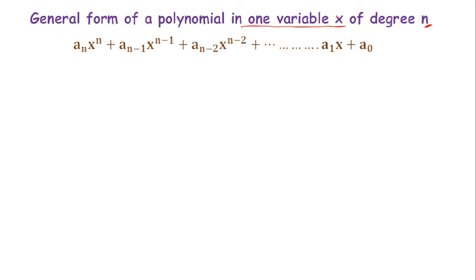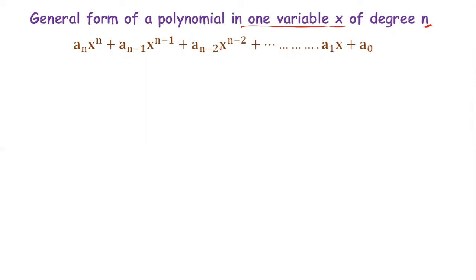Let us see the general form of a polynomial in one variable x and of degree n. We wrote the general form of a polynomial with degree 1, degree 2 and degree 3. Now let us write the general form of a polynomial with degree n and having variable x.